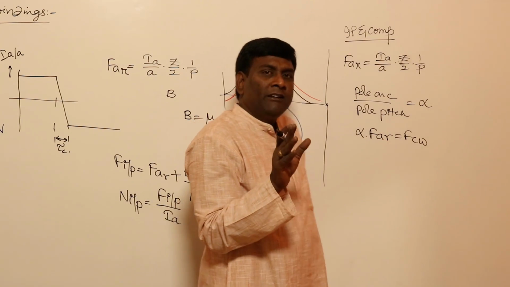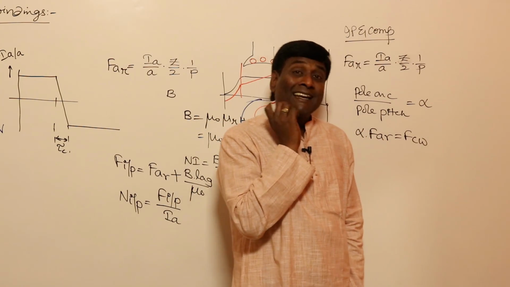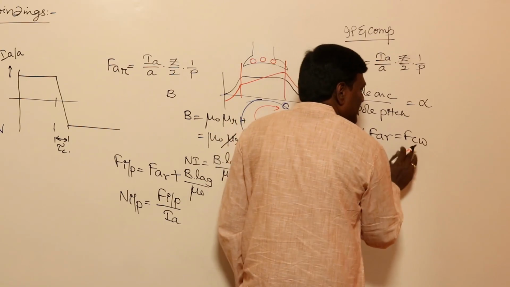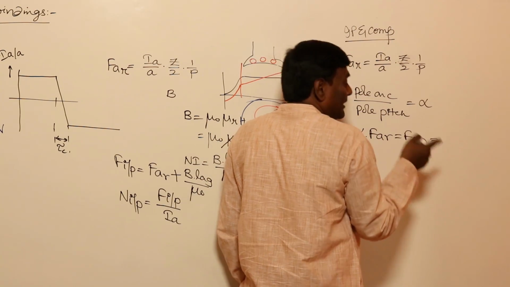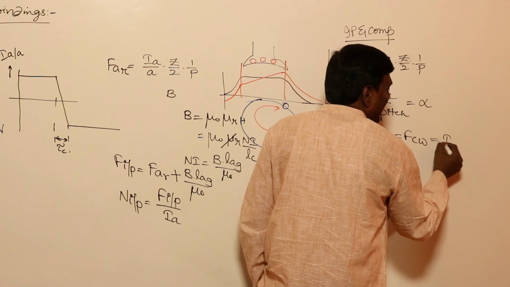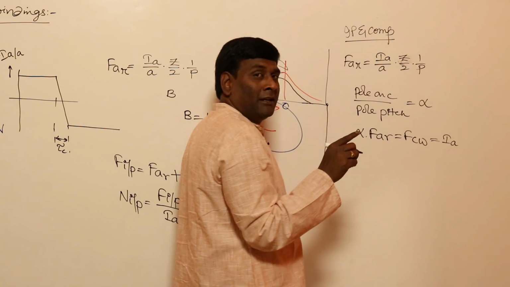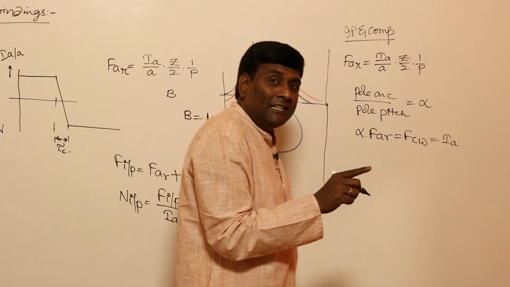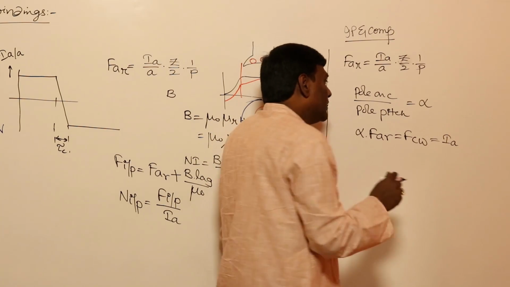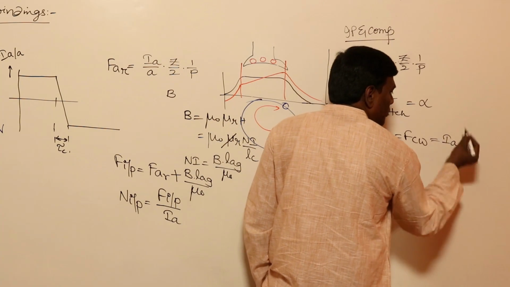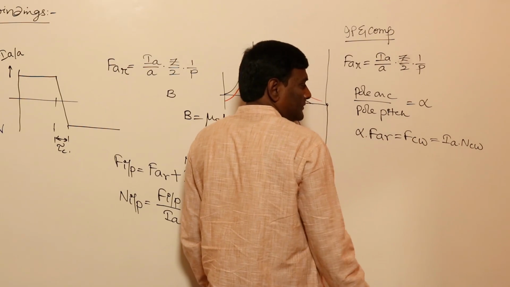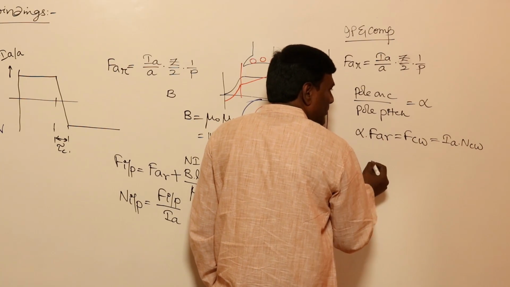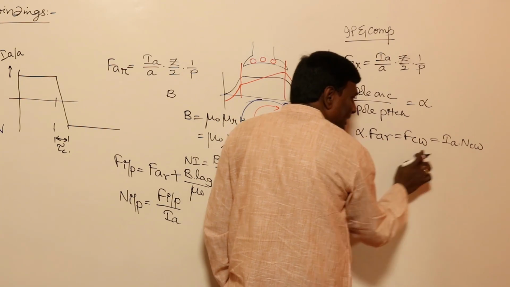Now, actually, many guys have a doubt: how to calculate the number of conductors per pole. For example, MMF. Armature ampere turns is MMF. What is ampere? IA or IA by A? IA, because after the brush, my compensating winding is in stator. So IA, current, into the number of turns of compensating winding. Okay, so what is the number of turns? FCW by IA.